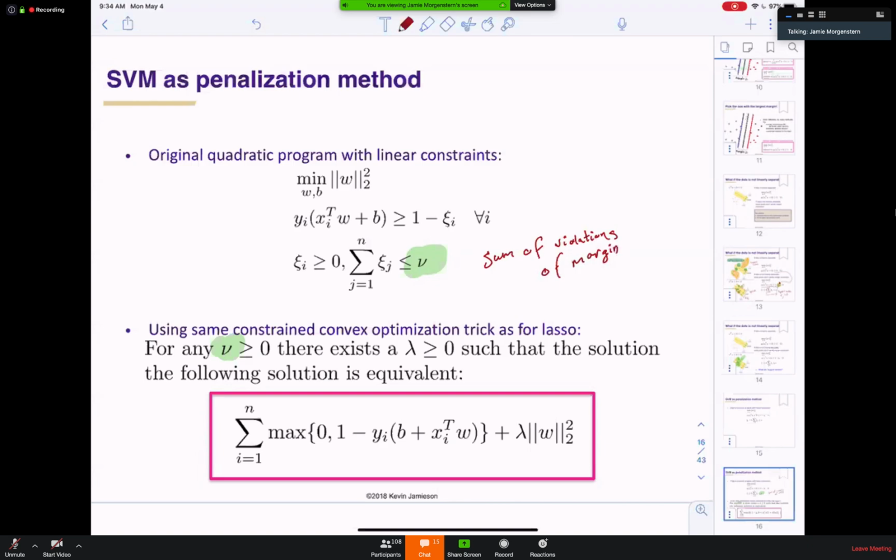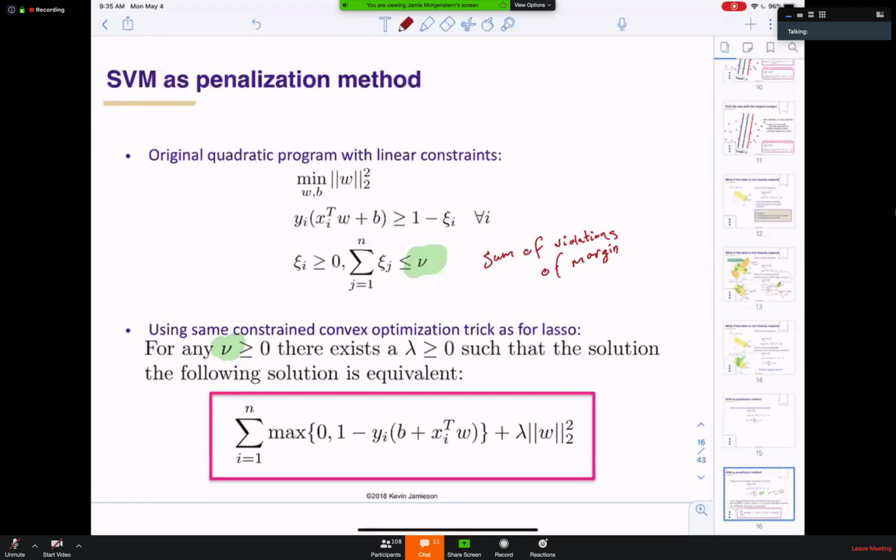there exists a regularization parameter, lambda, such that you can find a solution to the following optimization, which has the equivalent objective value.